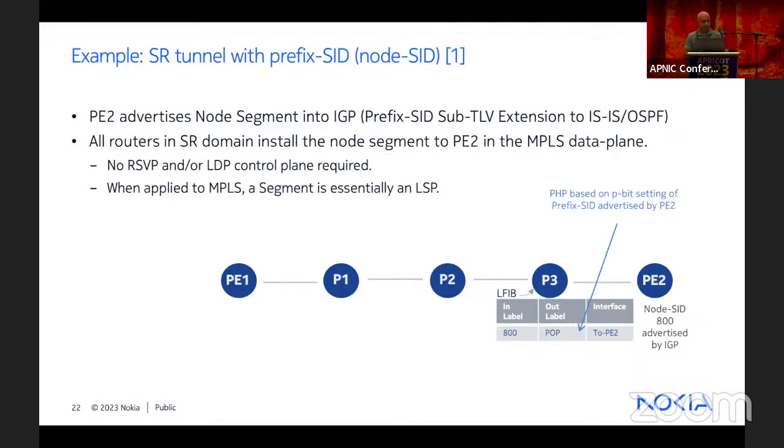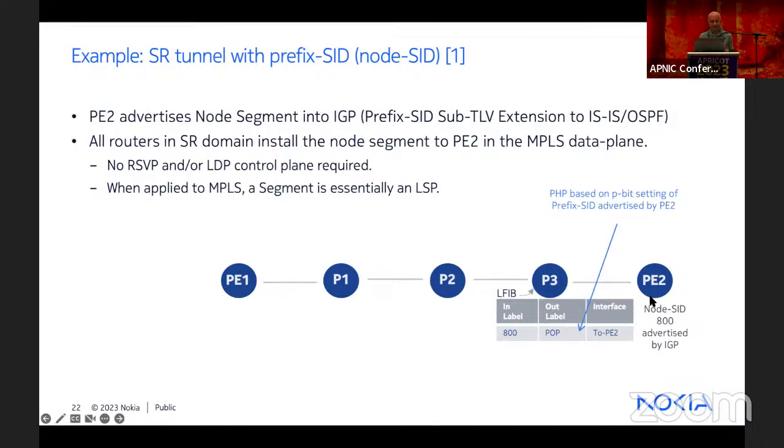So what I've got to do is create an entry here that says, if I receive a packet with a label of 800, because it's globally significant, I must send it to PE2 because PE2 is the destination. But there's an added complexity here.